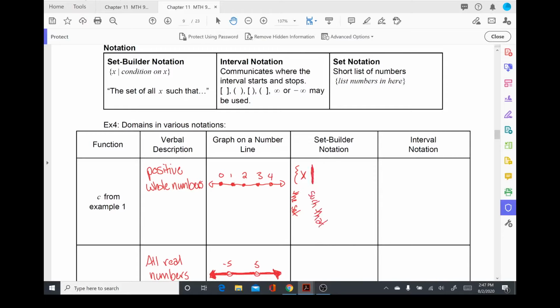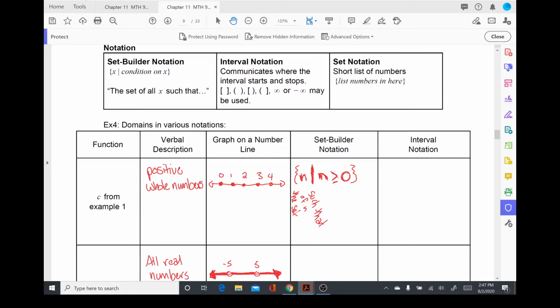I think it was not x. It was n's for the number of nights. The set of nights such that n is greater than or equal to 0. I'm allowing 0 to be a number of nights that you can go camping, and then you just describe the interval of nights.